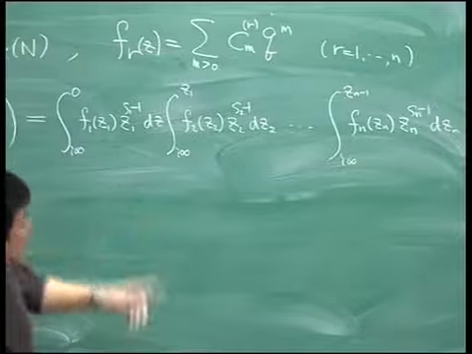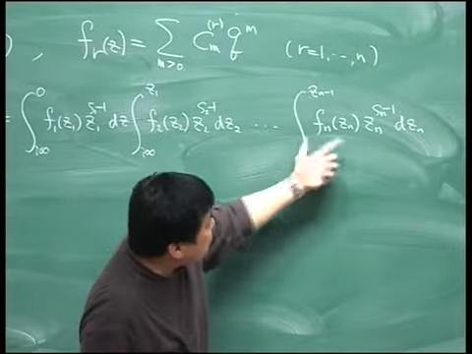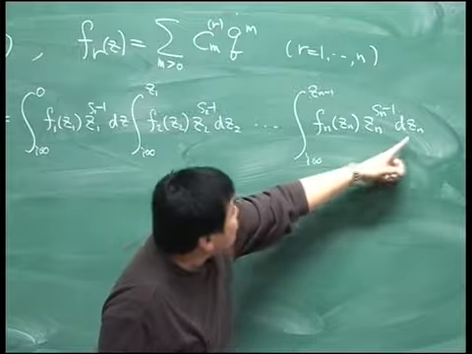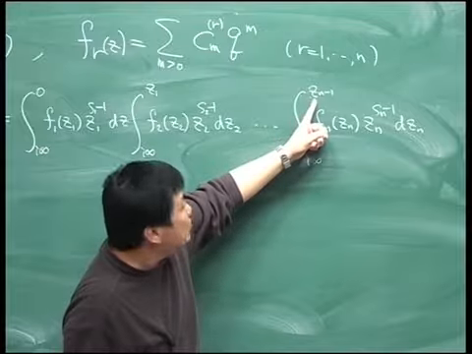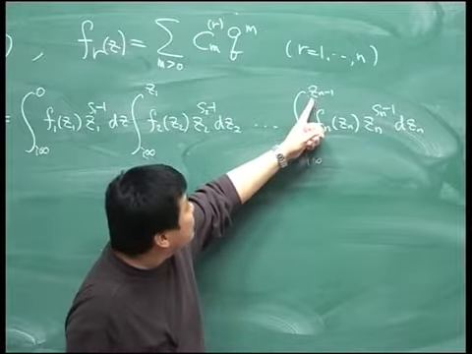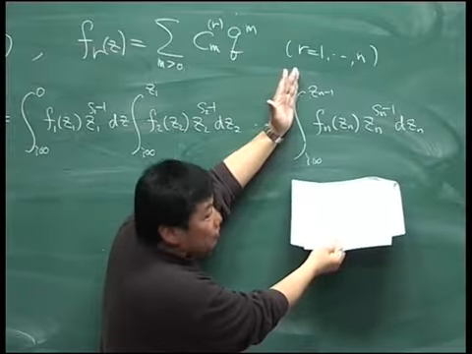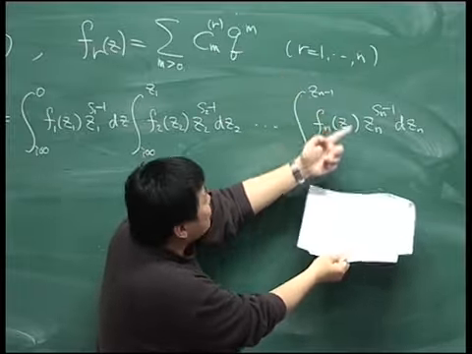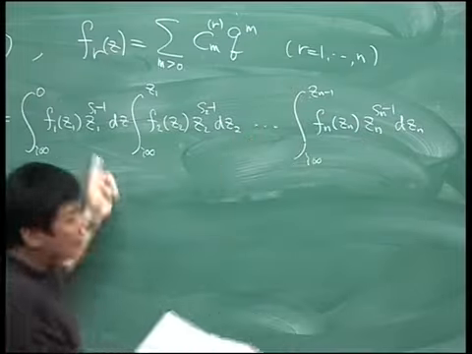You should compute this iterated integral from the right side. First, you integrate this factor in Vn along the path connecting infinity and some variable on the complex upper half plane, Vn minus 1. Then, up to here, you get a function of Vn minus 1. And multiply the second factor and then repeat this procedure again.